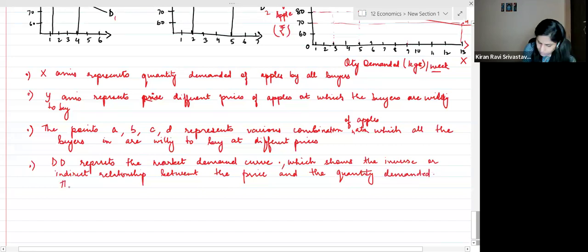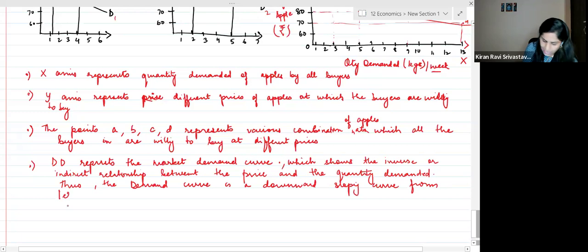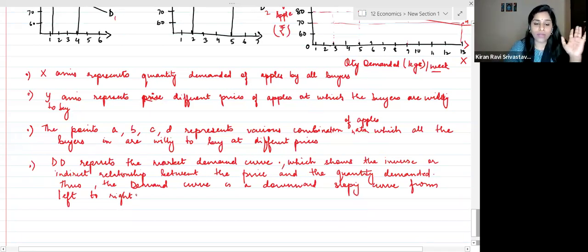Thus, the demand curve is a downward sloping curve from left to right. This is the law of demand.